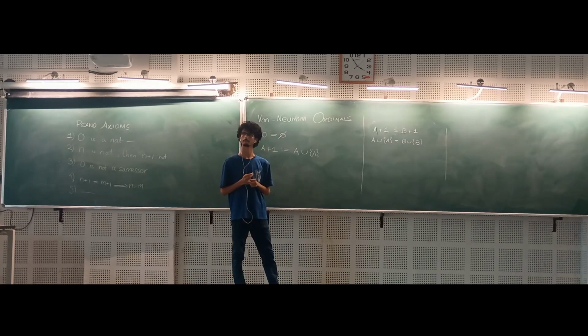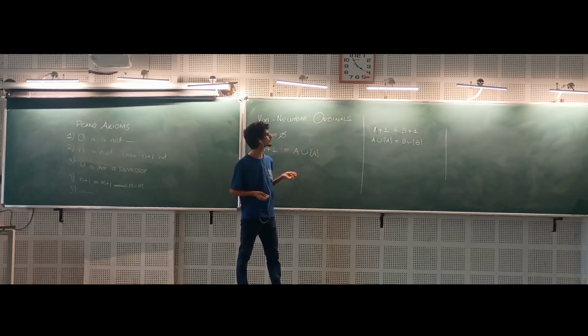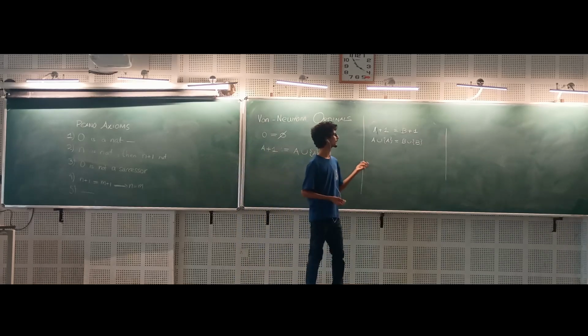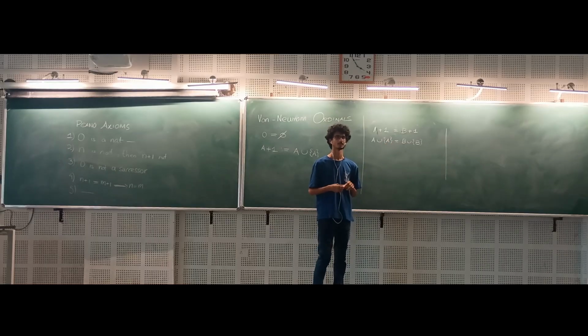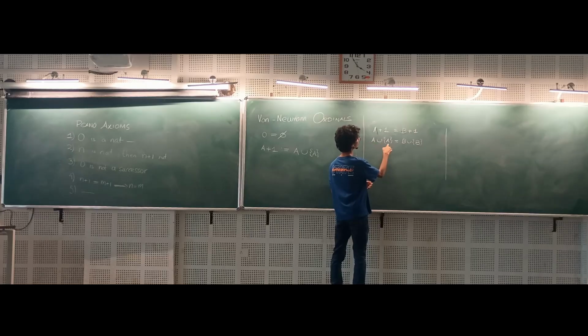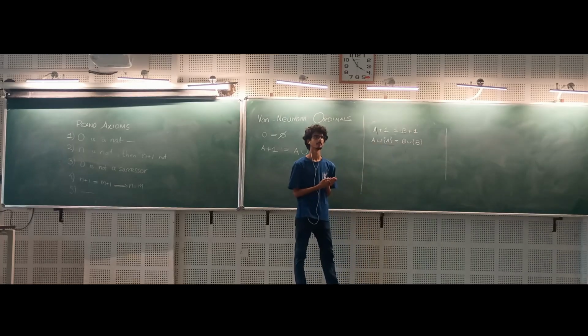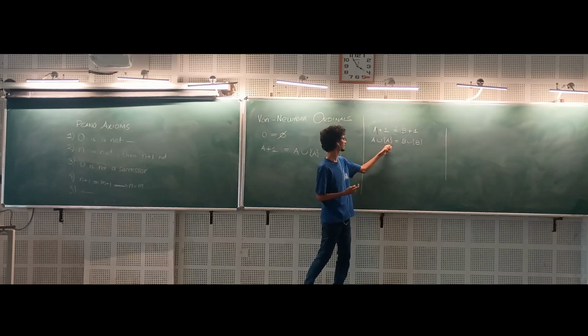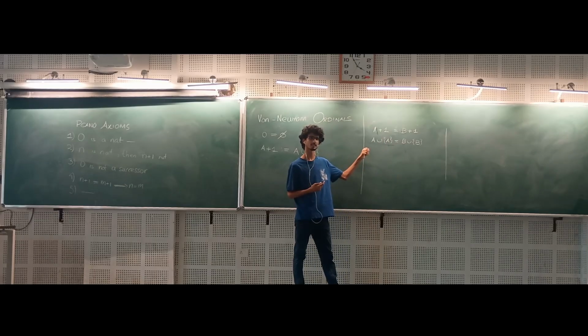Sets are equal, that means their elements are equal. So you have A union singleton A equal to B union singleton B, and A belongs to that one. In particular A belongs to singleton A, therefore it belongs to the whole set.